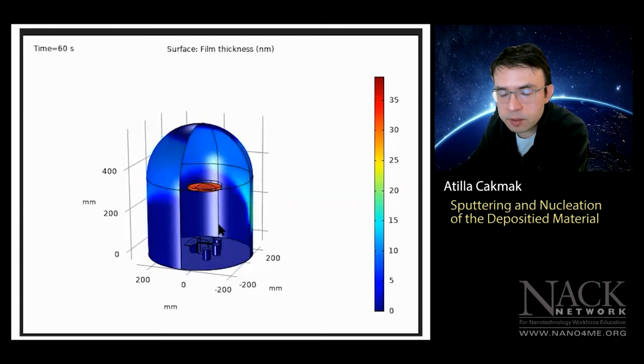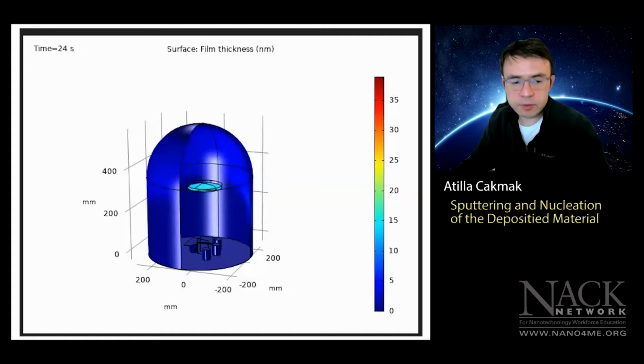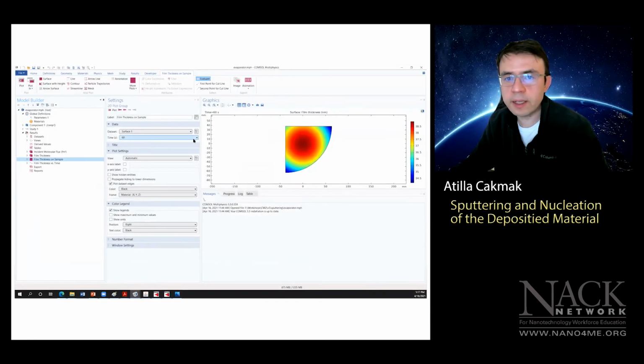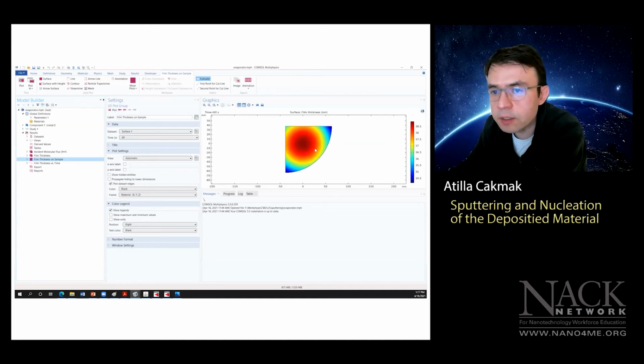We're depositing all around on the walls as well as on the wafer. As time elapses, we see accumulation of the material. Maybe this isn't showing you the best. Maybe we can look at this. This is the final result. At the end of the 60-second evaporation deposition, we have the most amount of accumulated material.